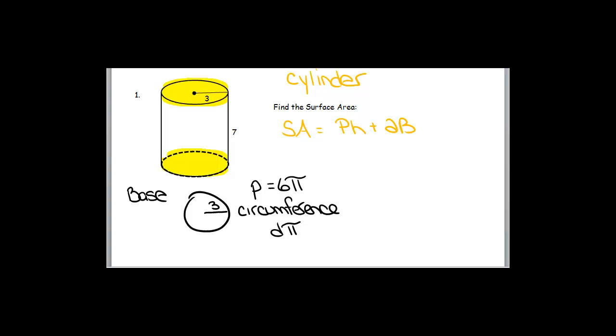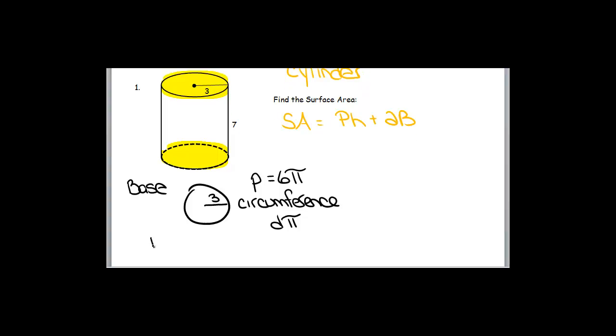Remember B stands for the area of our base. And if we're talking about the area of a circle, we are going to need pi r squared. So that gives us 9 pi. So now, just like yesterday, we can go ahead and fill in those pieces of information. We have 6 pi.